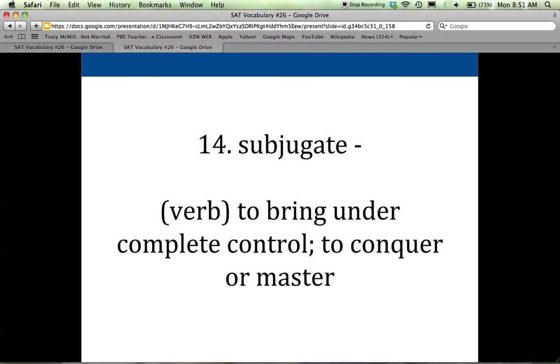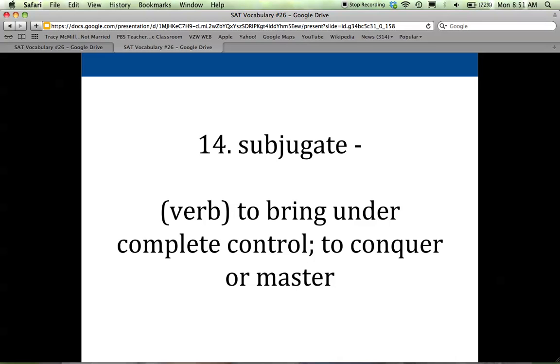14 is subjugate, and this is a verb. The first part of the word, sub, is a root word, and it means down. And so when you subjugate someone, you push them down. You push them below where you are, the level where you are. So it means to bring under complete control, to conquer or master. And so throughout history, different people have been subjugated.